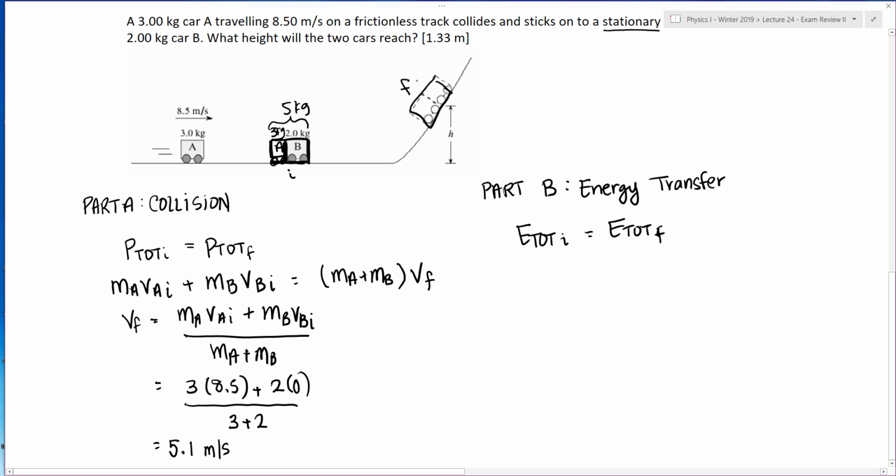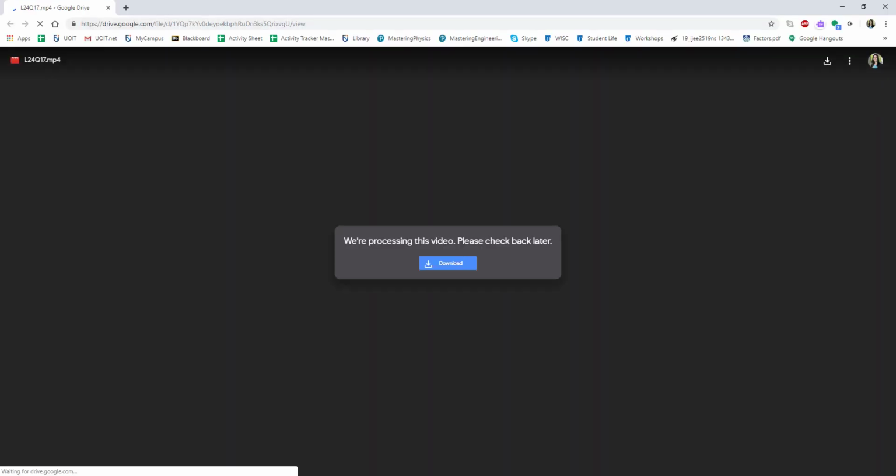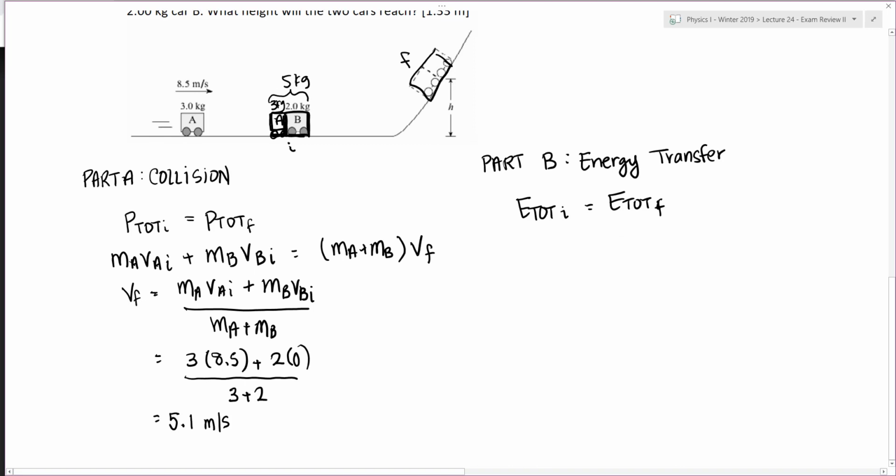That's the final position. For part A, the collision, the initial was over here and the final was over here. Now for the second part, the initial is at this point after the two objects have collided, and the final is when they're at their maximum height.